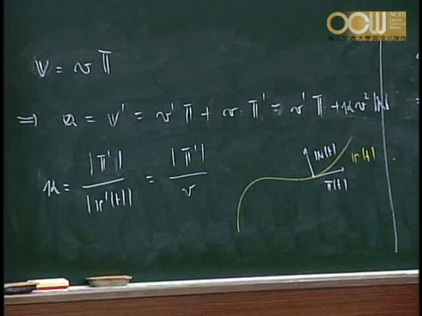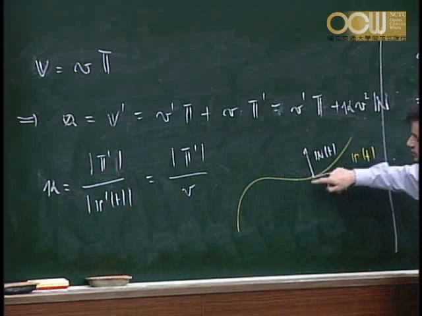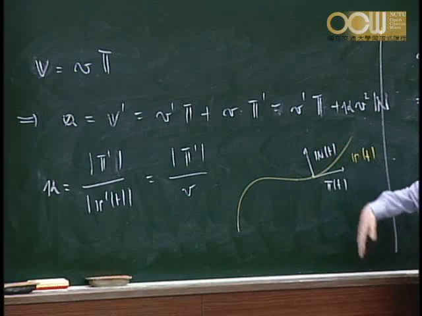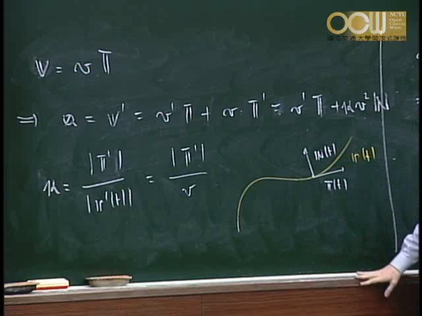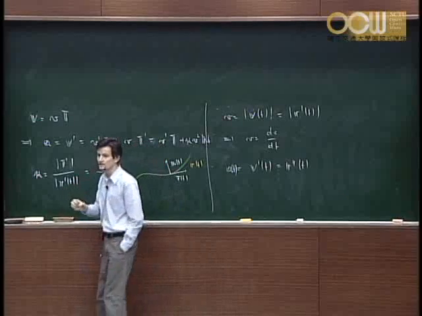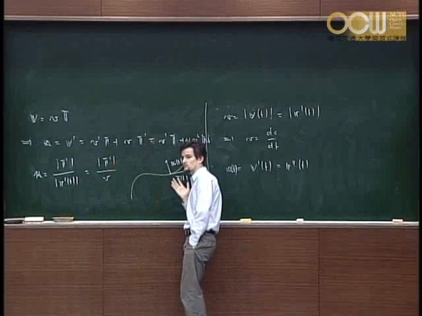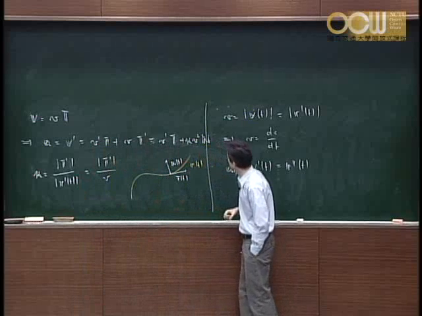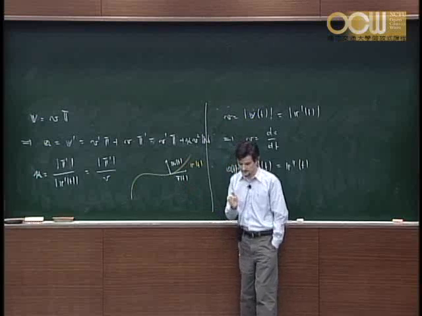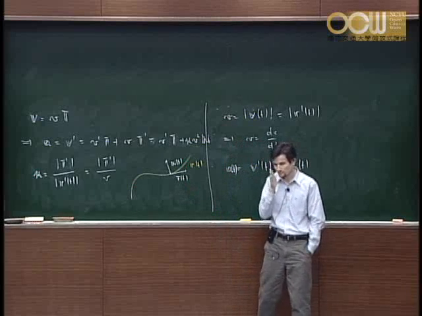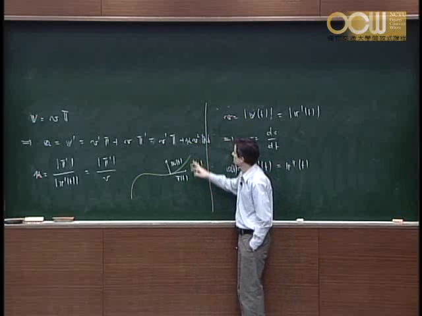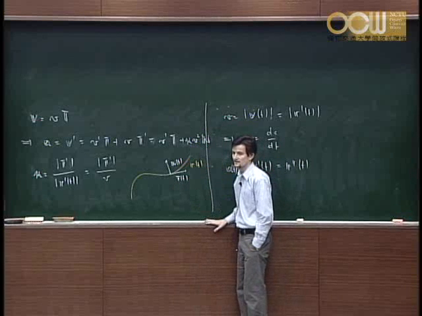So if the curve is very curved, then the force you will feel will be very large, which is clear because if the curve is more curved and you drive around the corner, then you will feel the force which is pushing you to the window. So the component which is perpendicular to the direction of motion, perpendicular in the sense that we are in the osculating plane, depends on the curvature. It kind of makes sense.